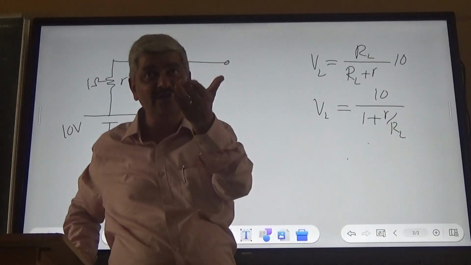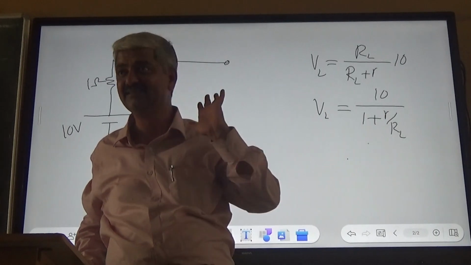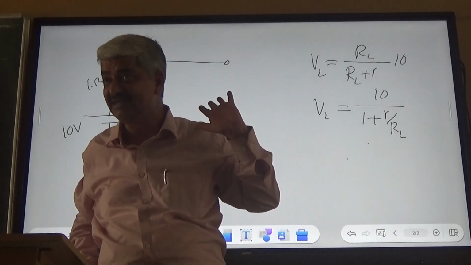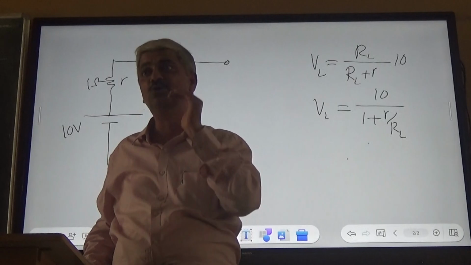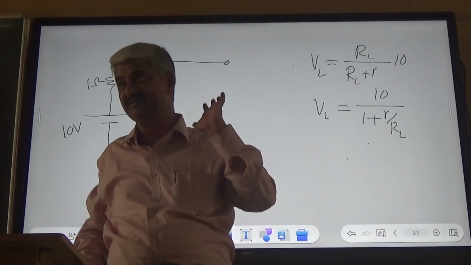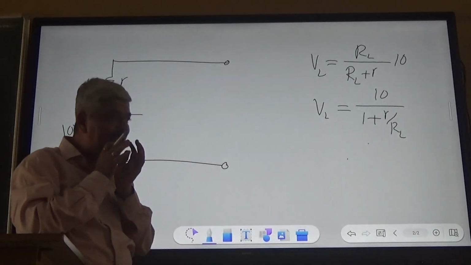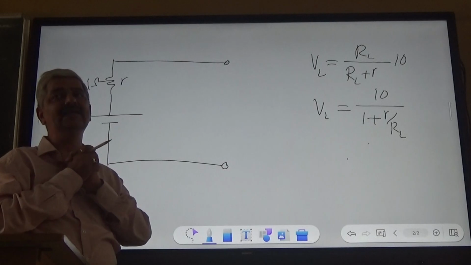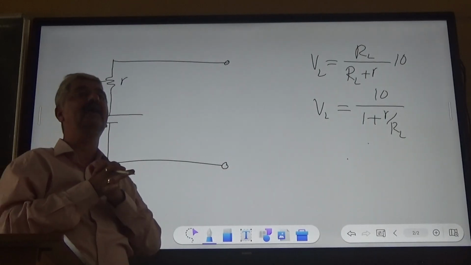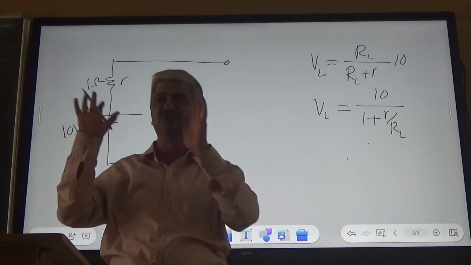So 10 upon 1 plus something will necessarily be less than 10, as long as something is positive, right? So as we load, the voltage reduces. It is an unregulated power supply, right? Now I intend to design a regulated power supply of say 7 volts using this configuration.